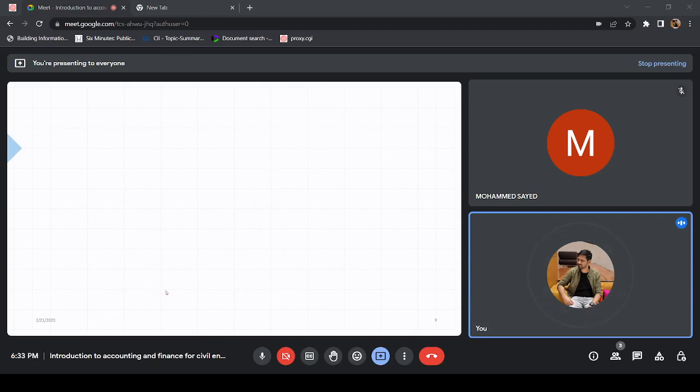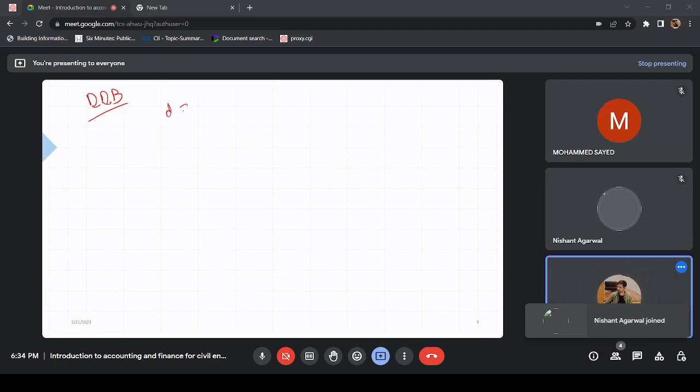Okay, so double declining balance. That means your rate of depreciation becomes 2 by n, which in this case is 2 by 35, n being 35, right? So that is 0.0571.